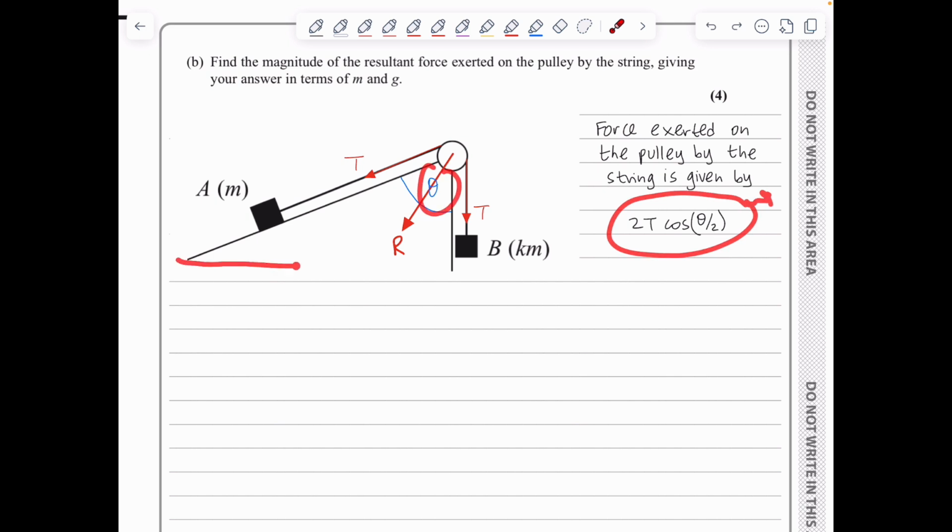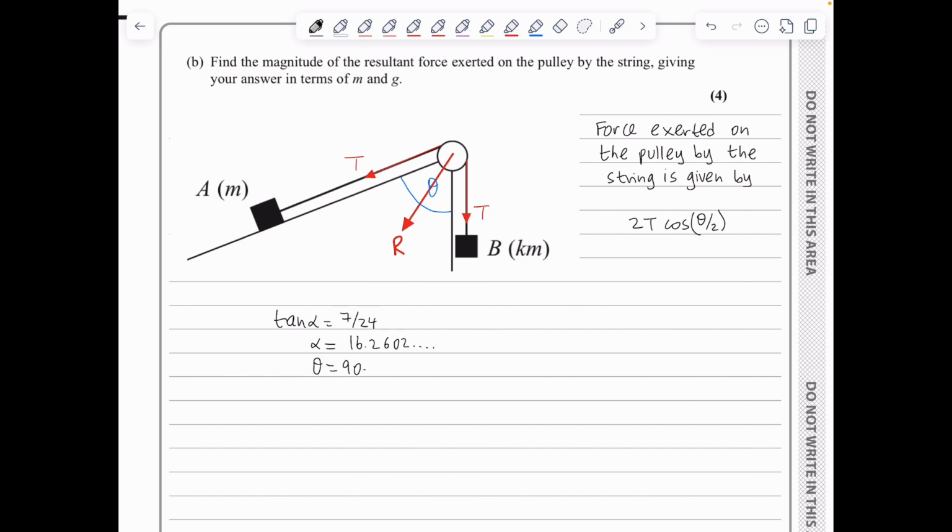Remember, the angle at the base here was alpha, and we knew that tan alpha is 7 over 24. This means I can proceed in finding the actual value of alpha. It turns out to be that alpha is 16.2602..., and therefore theta, which is 90 minus alpha, is going to be 90 minus 16.2602..., leading to 73.7397.